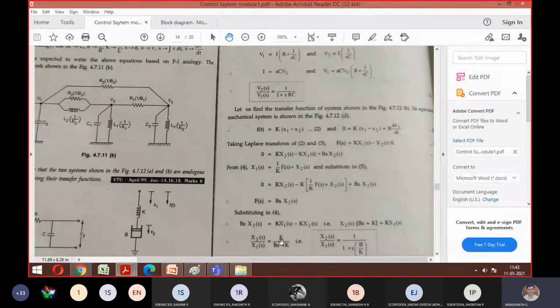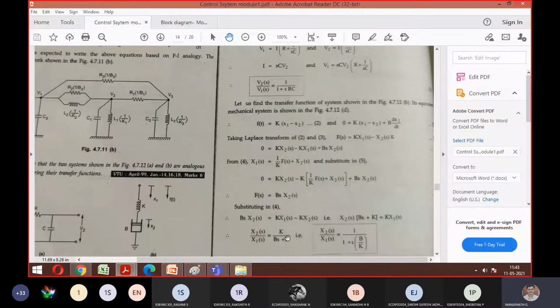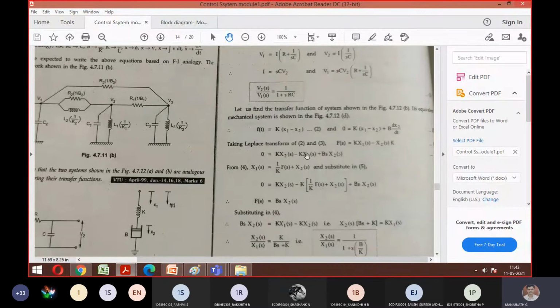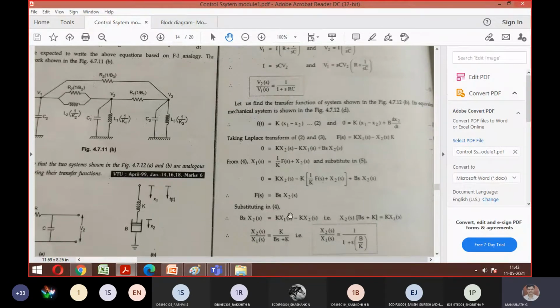From this, we want the terms to be like 1 plus. Look at here, I want to compare this with this. Correct? If you take K common here, what has happened in this step? We are multiplying and dividing by what? K. Yes, good.